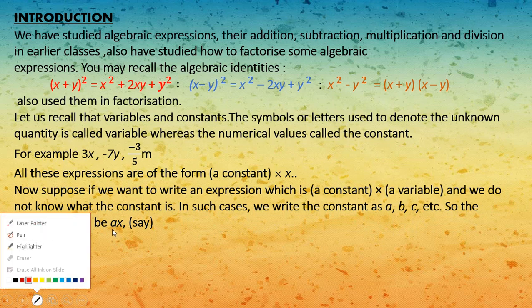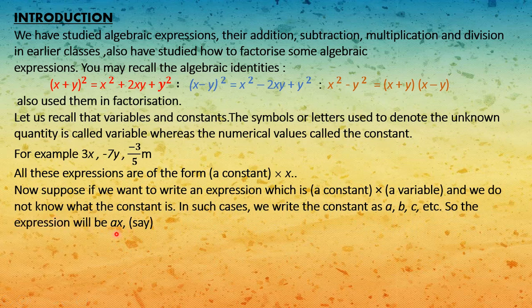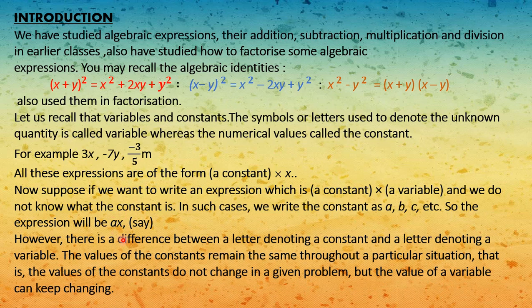a for alphabet here, and x is a letter which denotes the variable, and a denotes the constant. So ax is the form of the expression when the constant is also unknown, so it was denoted by a. Now what is the difference between a letter denoting a constant and a letter denoting a variable?